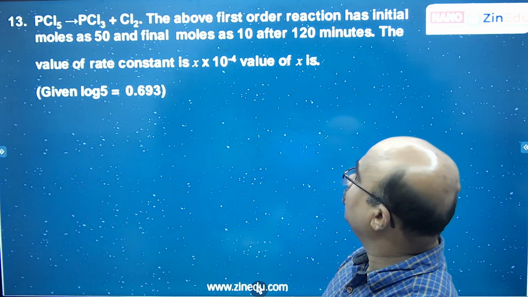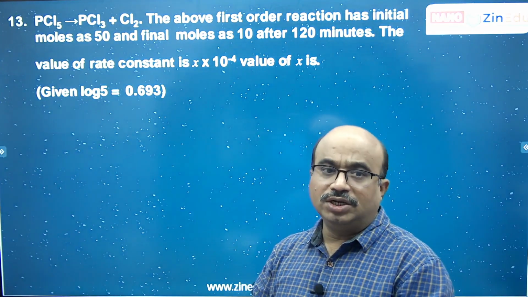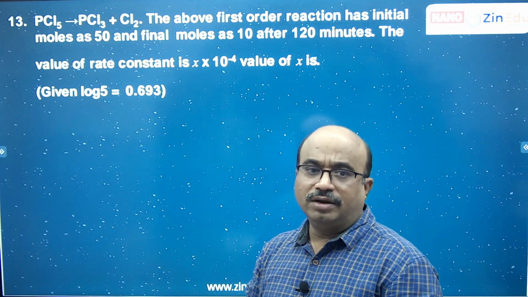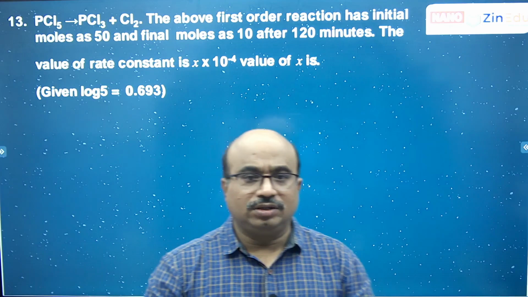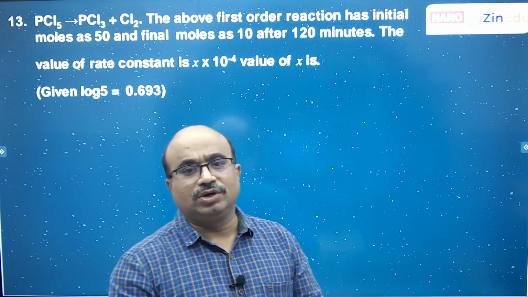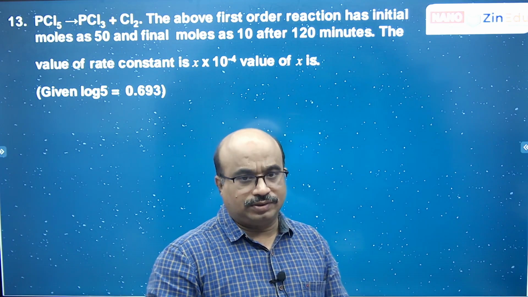PCl5 is decomposing to PCl3 and Cl2. First order reaction with an initial moles of 50 and finally 10 moles are there after 120 minutes. The value of rate constant is x into 10 to the power of minus 4. What is the value of x?